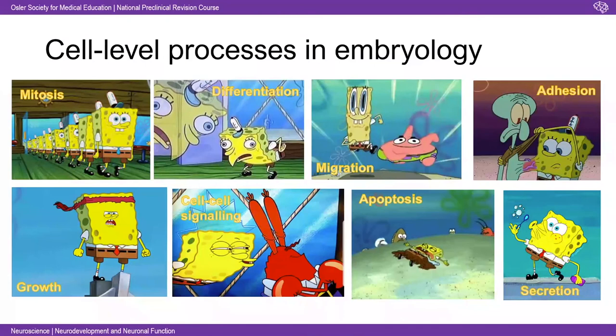I always found this idea quite tricky during my first and second year. So if you have some questions about it at the end, I'd be very happy to take those. But it's useful, I think, for thinking about your essays, because often you'll get a curveball essay question that asks, for example, how mitosis and migration contribute to neurodevelopment.